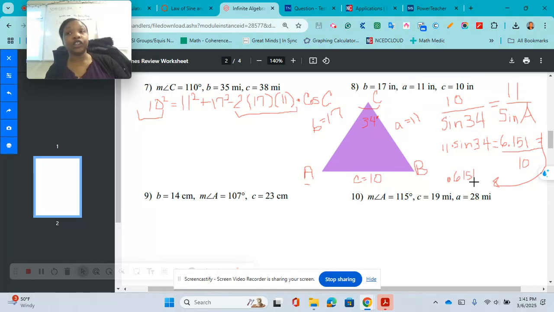So what do we need to do with this value? The inverse of which one? Sine, yes. The inverse of sine. Sine inverse of this value. All right, and that will give us angle A.